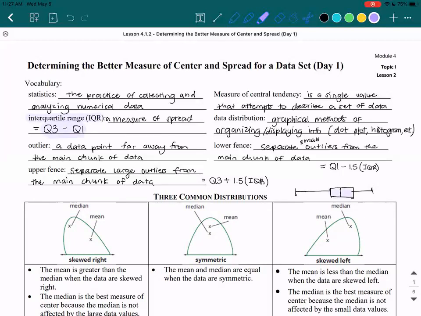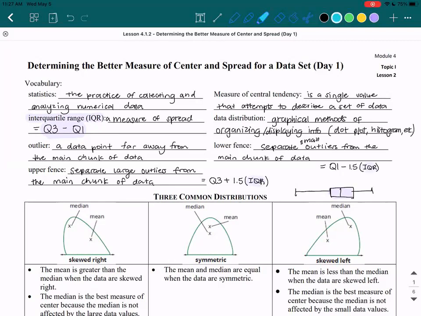So your Q1 and Q3 make up the box of your box and whisker plot. So this purple section, when you subtract the Q3 minus the Q1, that will give you the IQR. And then after that, you're going to take the width of that IQR, like how wide it is, and multiply it by 1.5. So you can see that IQR gets multiplied by 1.5 in both of these equations.